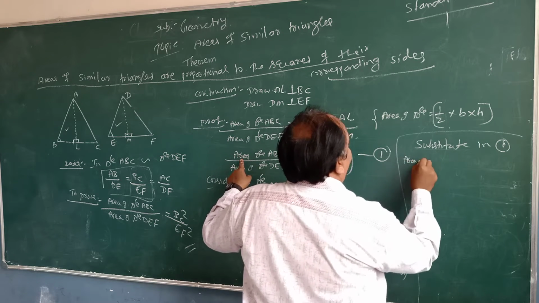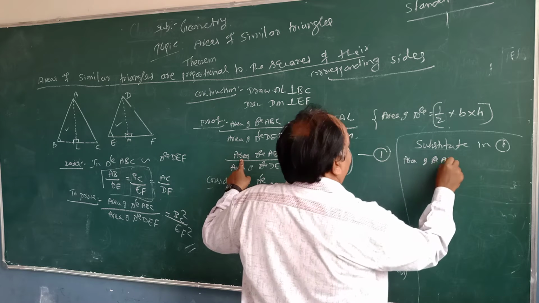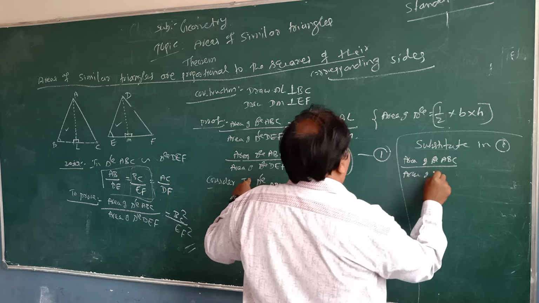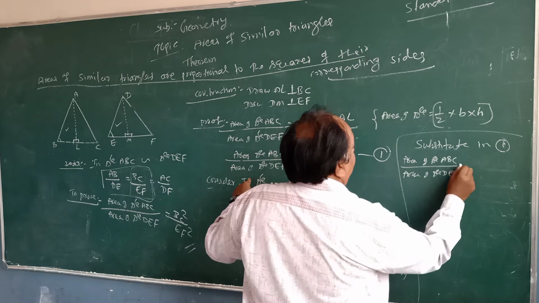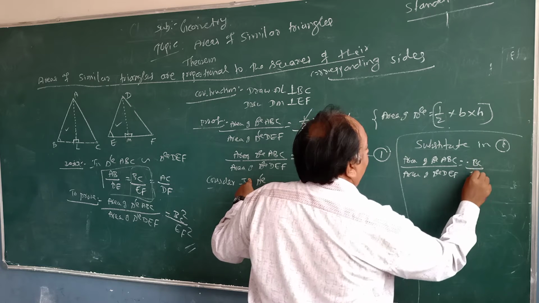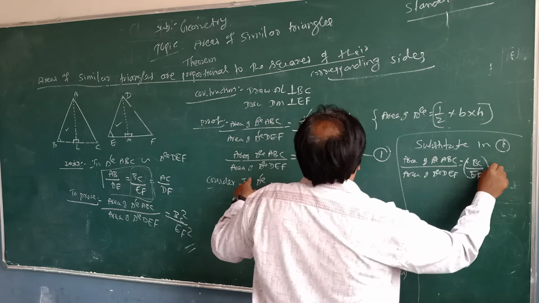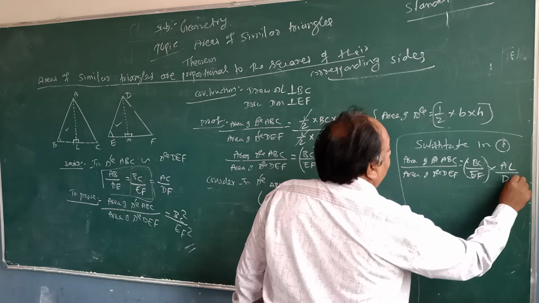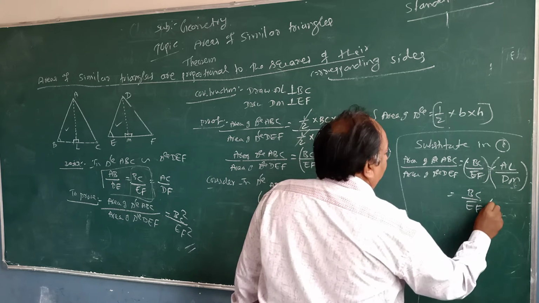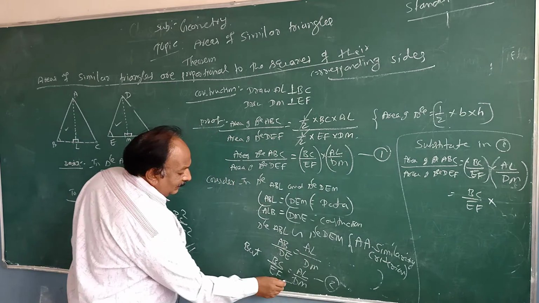Area of triangle ABC divided by area of triangle DEF is equal to BC divided by EF into AL divided by DM. So BC by EF into what is AL by DM?